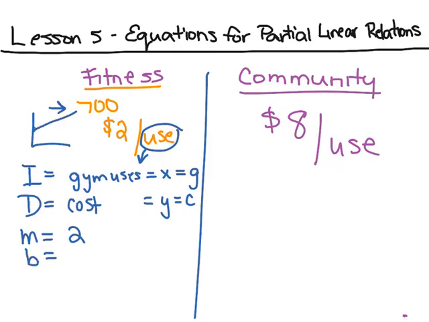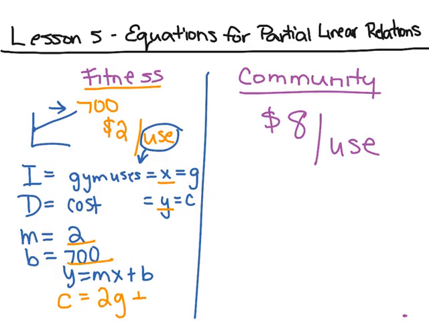So b is equal to 700. So y equals mx plus b. We know that our y value is c, our x value is g, our m value is 2, and our b value is 700. So here is our equation for the fitness center.